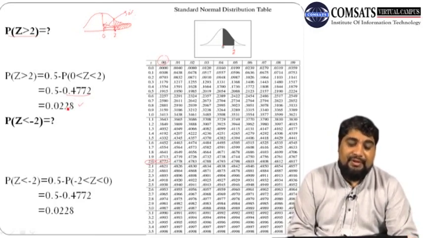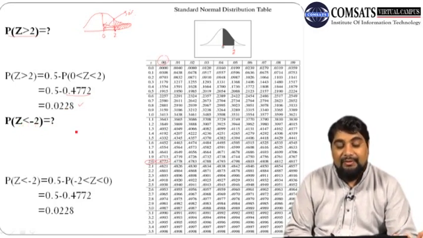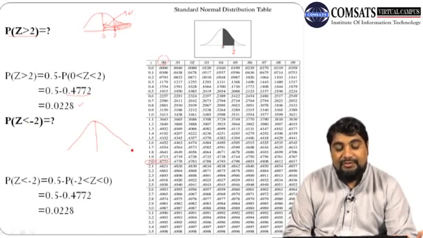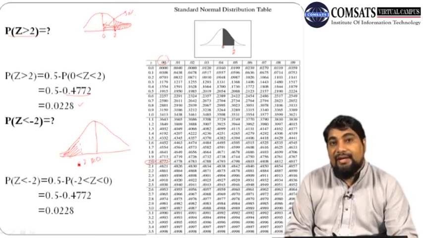Now suppose we are interested in calculating the probability that z is less than -2. Again draw the normal curve. This is very important, so first draw the normal curve. Here mu is 0 and here we have -2. We are interested in finding this area where z is less than -2.